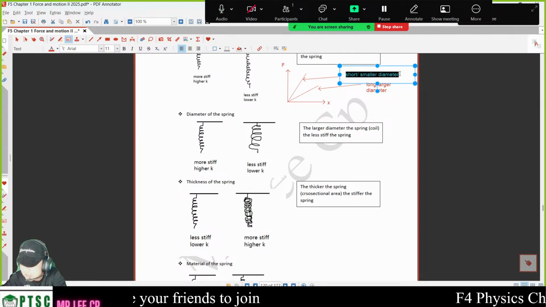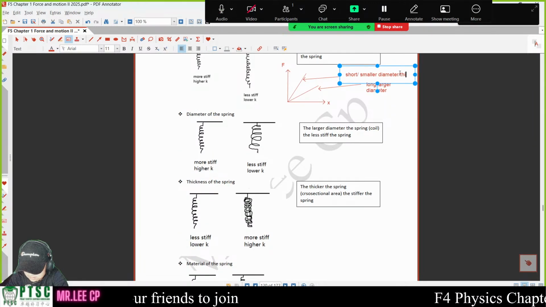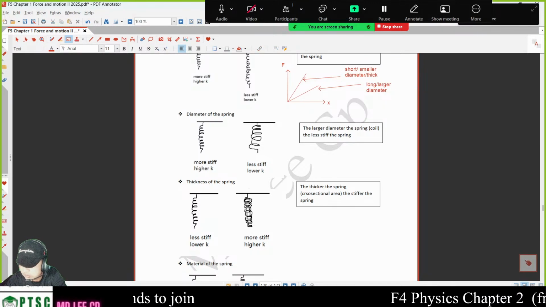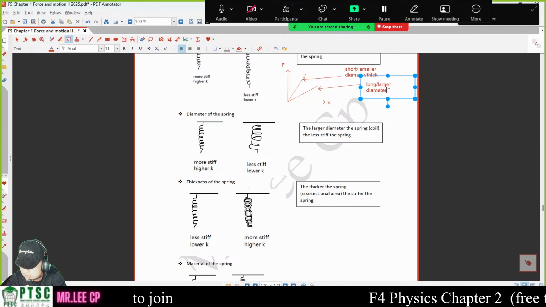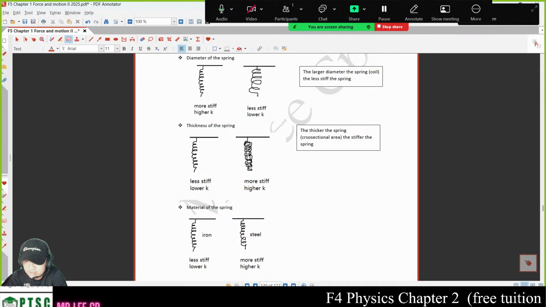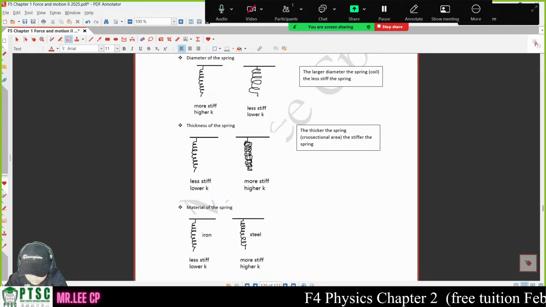This one is thick, and this one is thin. And lastly, this one is steel, this one is iron.